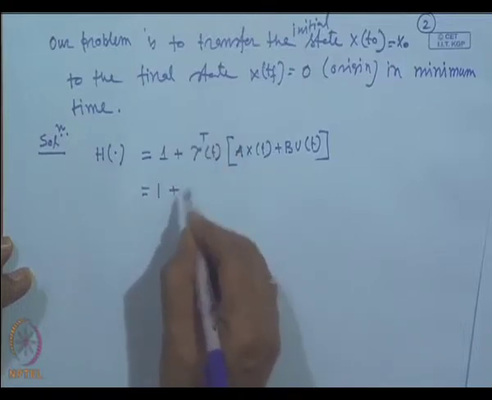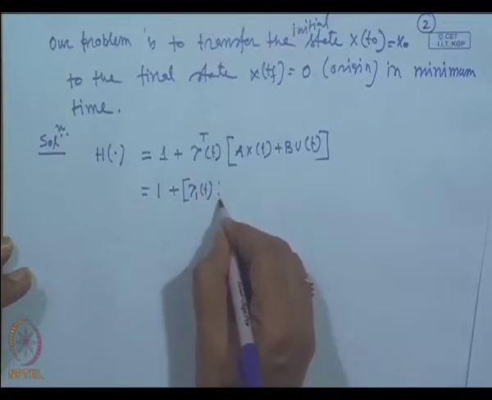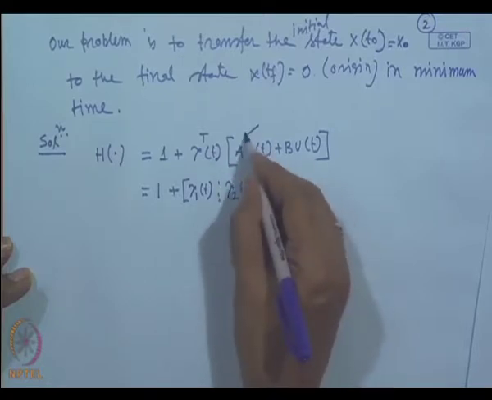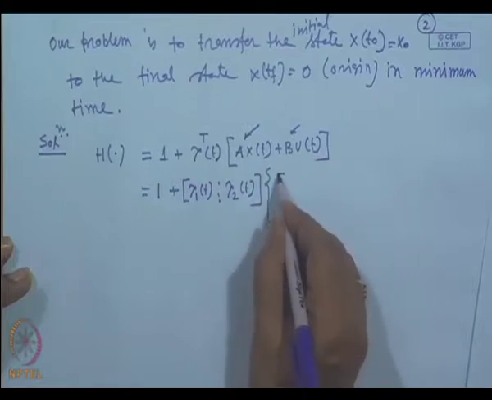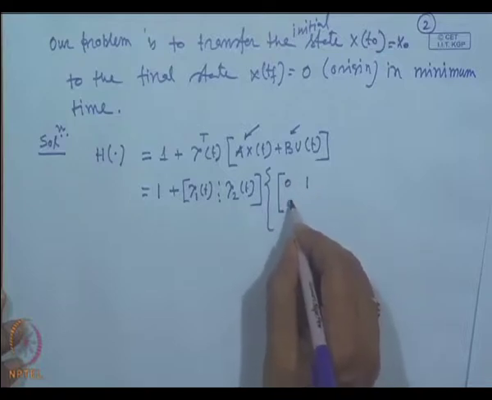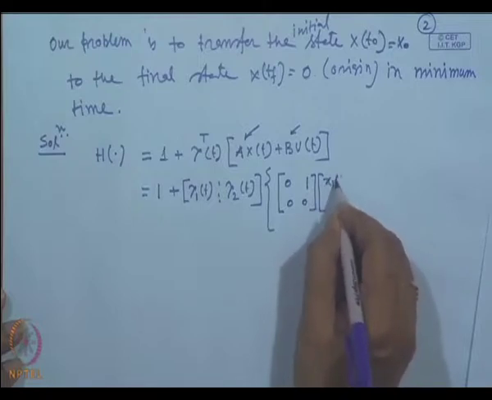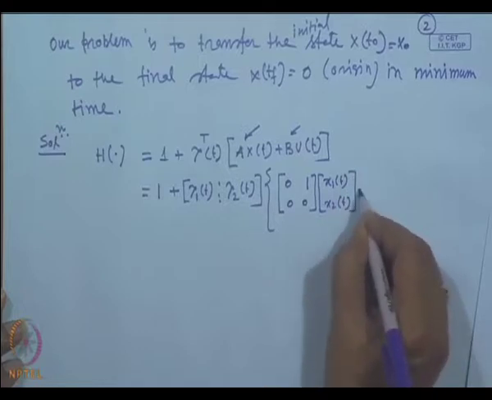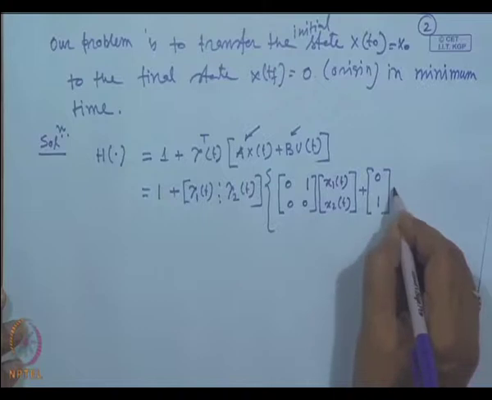Writing each element, lambda 1 of t, lambda 2 of t, and the corresponding matrices: our A matrix is 0 1, 0 0, multiplied by x1 of t and x2 of t, plus B, which is 0 1, times u of t.